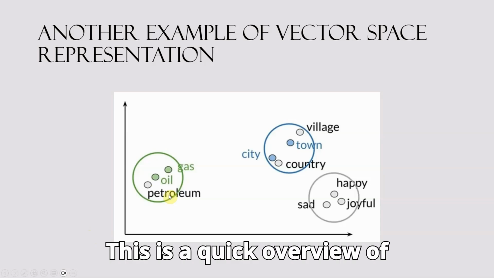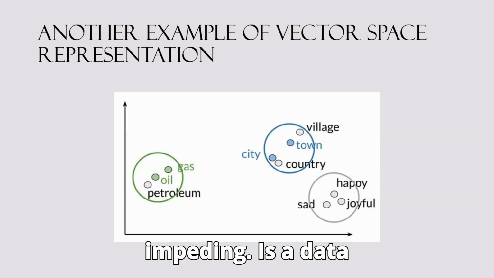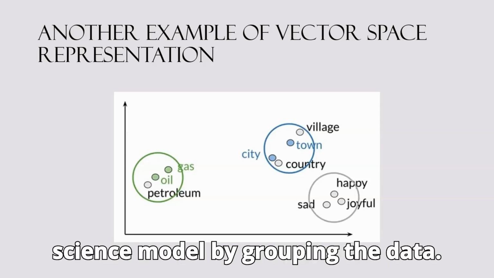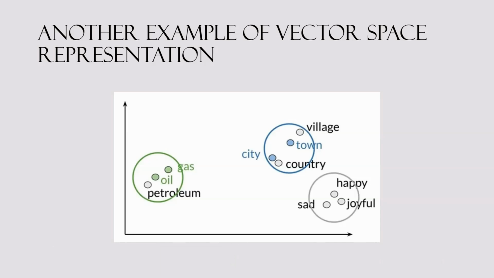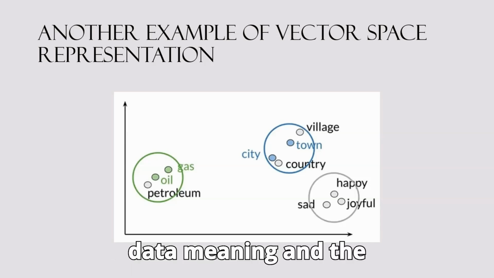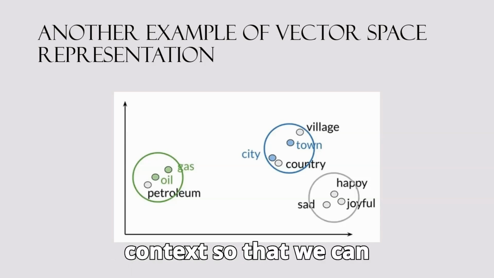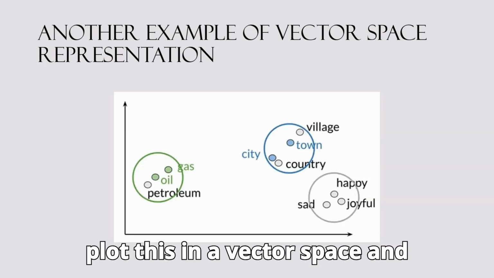So this is a quick overview of embedding. The key takeaway is that embedding is a data science model that groups the data. On top of that, it gives you a numerical representation of the data's meaning and context, so that we can plot it in a vector space.